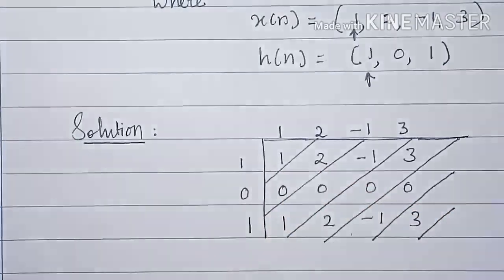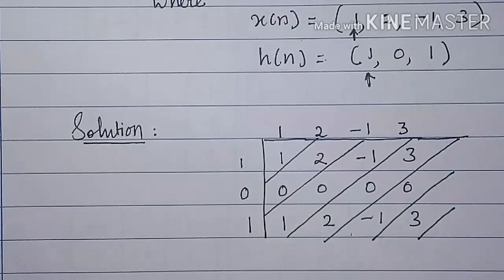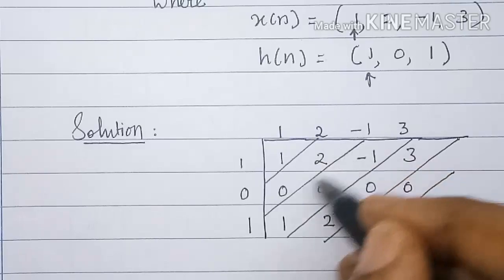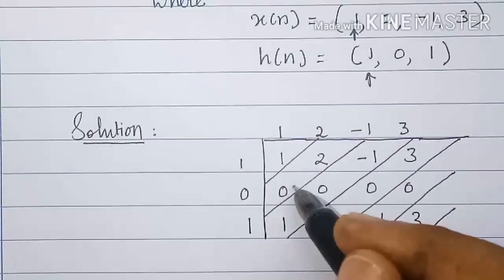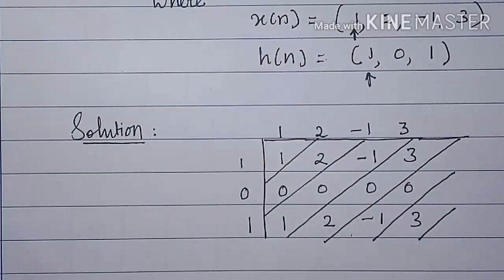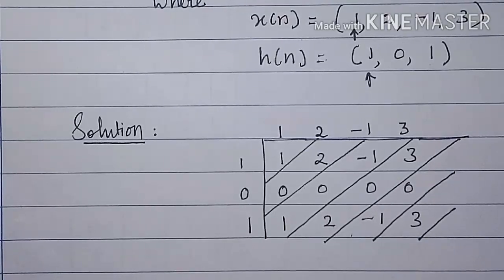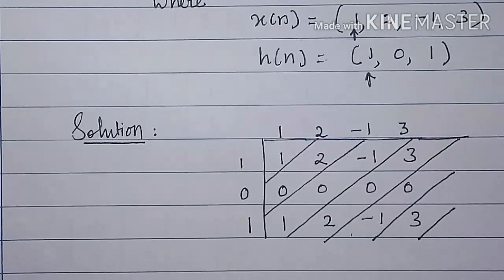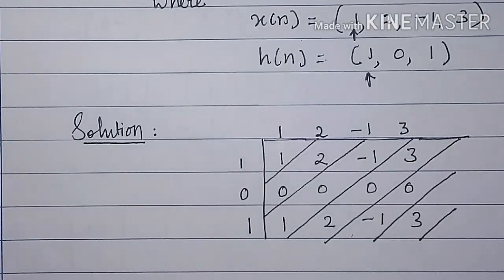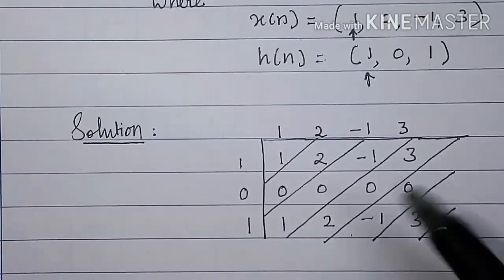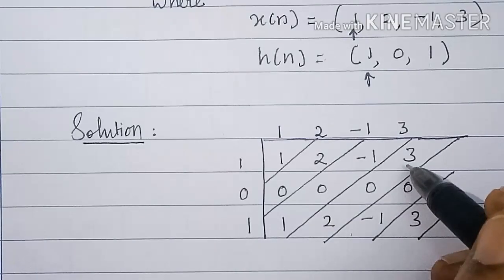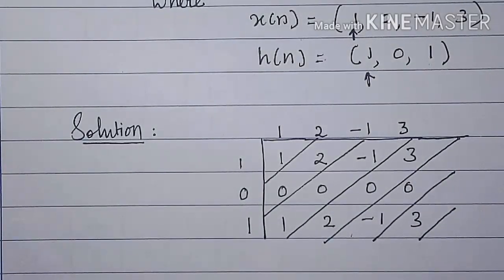Here is only one element, so it is 1. Here in this trapezium you are having 2 elements, add them. 0 plus 2, 2. And here you are having 3 elements, sum of them is 0. Here you add these elements. 2 and 3 added will become 5.